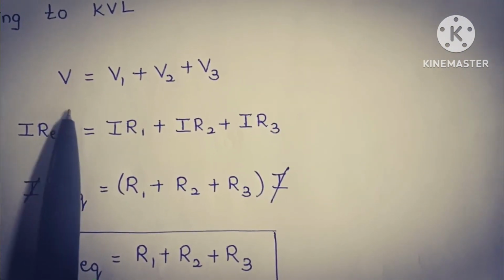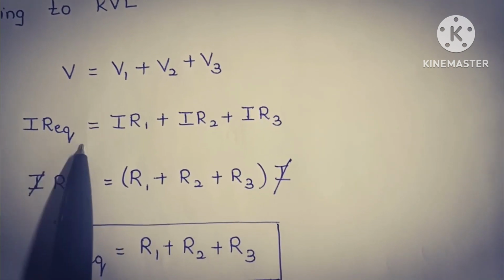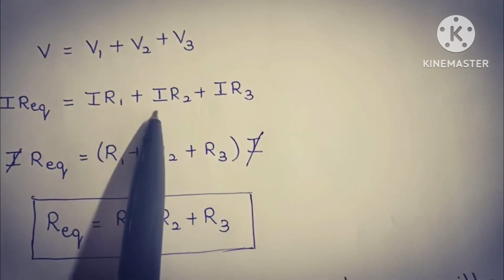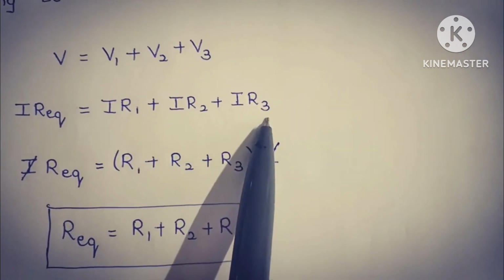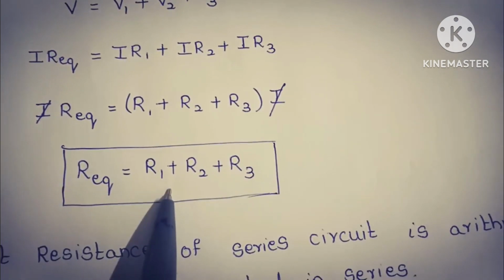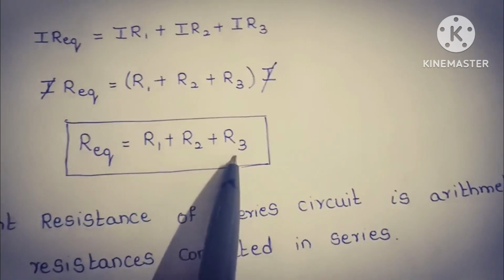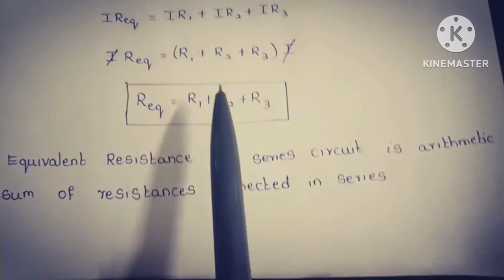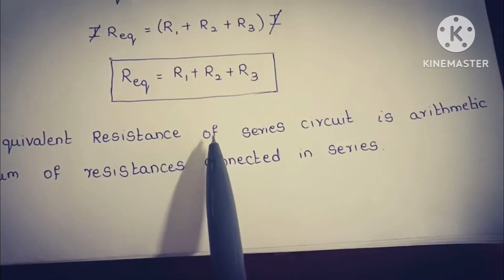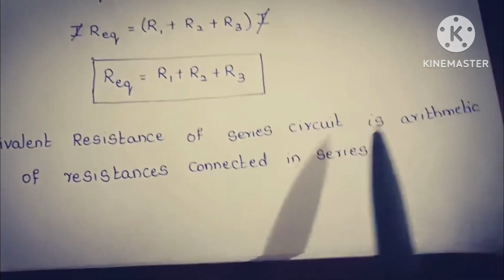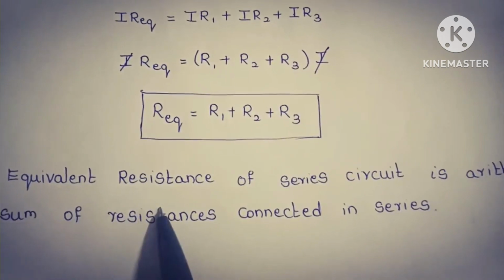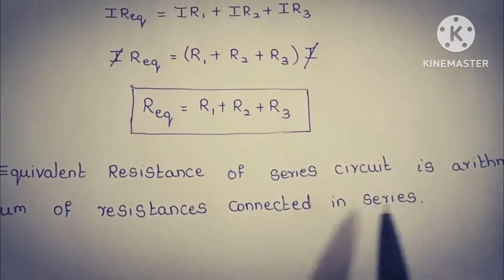We can write the equation as I R equivalent is equal to I into R1 plus I into R2 plus I into R3. Therefore, R equivalent is equal to R1 plus R2 plus R3. From this equation, we can conclude that the equivalent resistance of the series circuit is the arithmetic sum of resistances connected in series.